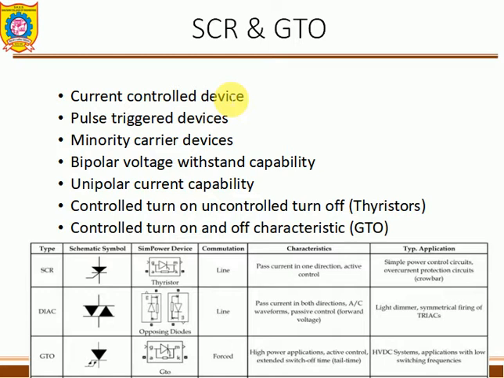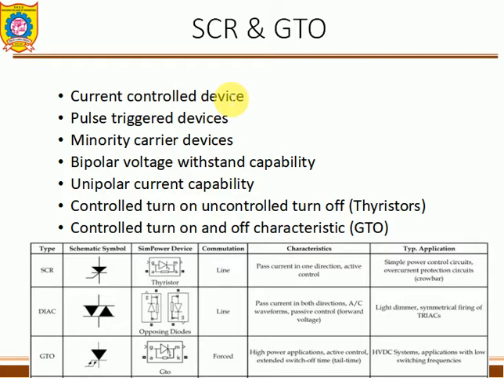In the characteristics diagram, you apply the gate current, the minimum latching current. You do not apply a minimum latching voltage or holding voltage. You apply the minimum latching current. That's why it is called a current control device.